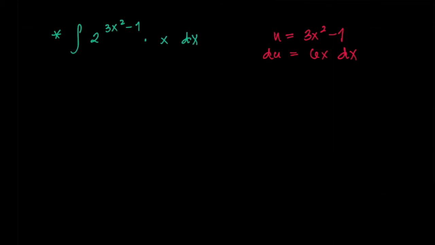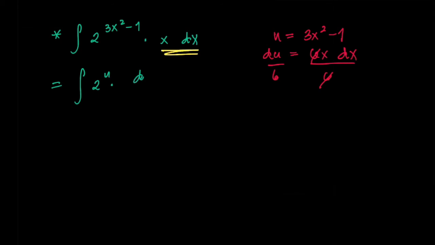So, to simplify this, the integral of 2 raised to u times the x dx is just equal to, divide natin to both sides by 6 para matanggal yung 6. So, x dx is equal to du over 6.